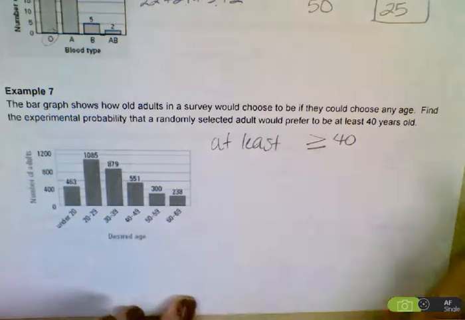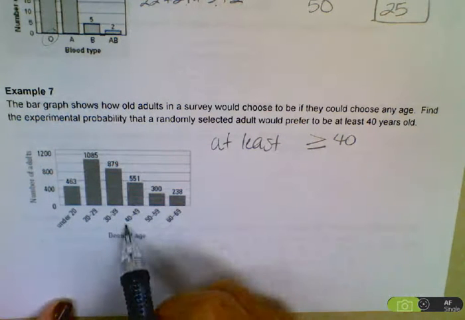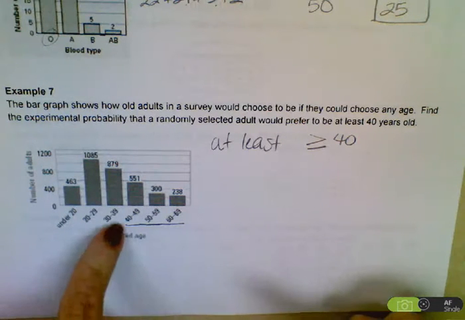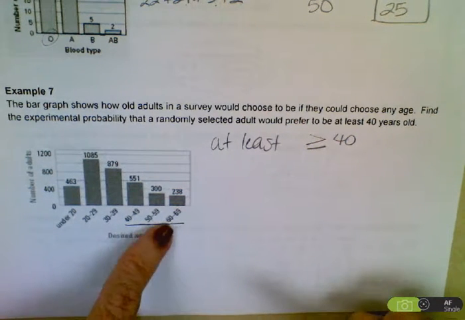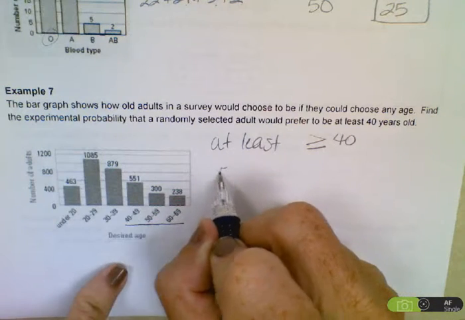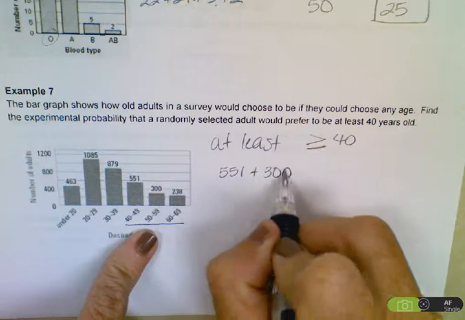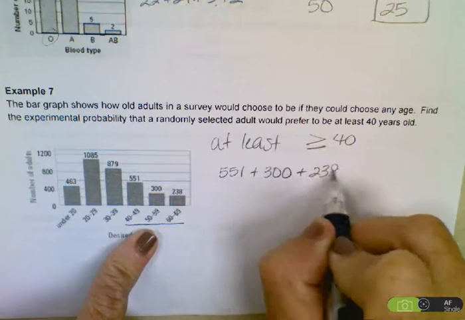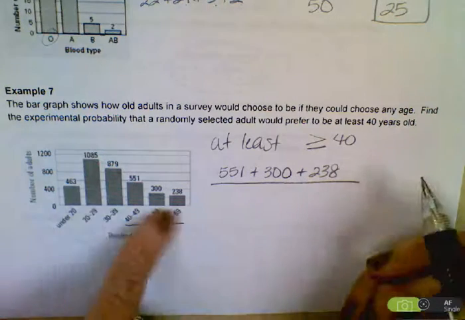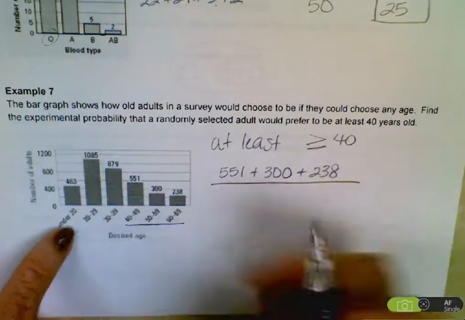They also can be equal to 40. So when you're looking at your chart, it's everything from here to the end, between 40 and 49, 50 and 59, 60 and 69. So we need to total up those 3 possibilities, because that's where all of our valid ages lie, over all of our possibilities.